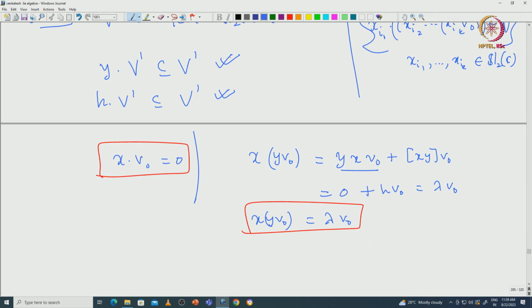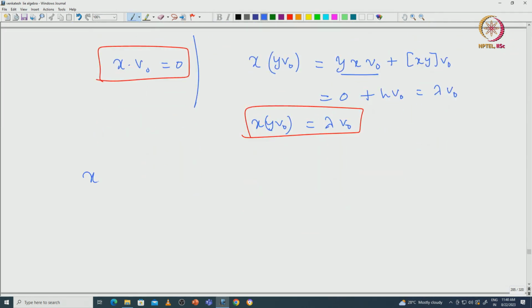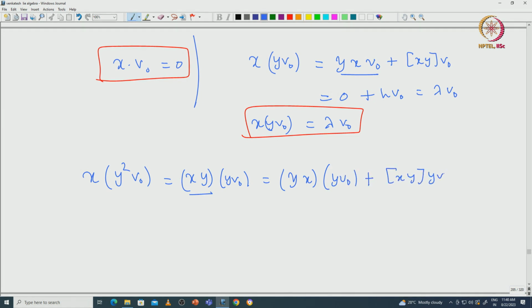Now if you compute x y square V naught, let us see what is happening. This can be written as x y y V naught. Then x y can be switched: this is y x applied on y V naught plus the bracket x y applied on y V naught.